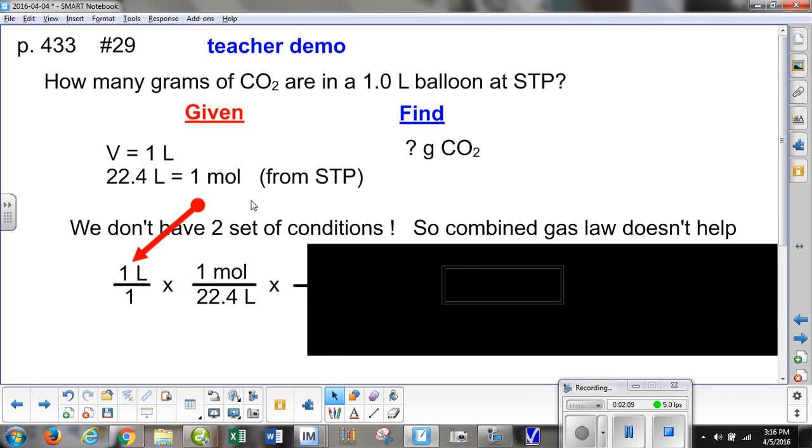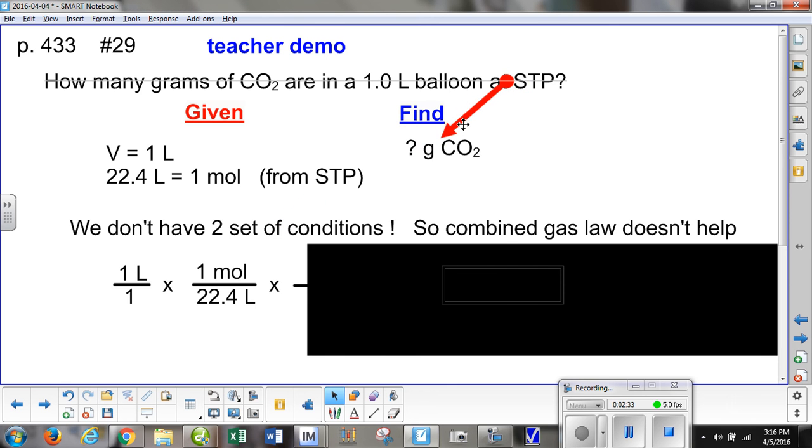For carbon dioxide, we have carbon and 2 oxygens. When we add the molar mass up, we're not using the molar mass now. Excuse me. We're using this guy right here: 22.4 liters equals a mole, because that's how we're getting to grams. We've got to get to moles before we get to grams.